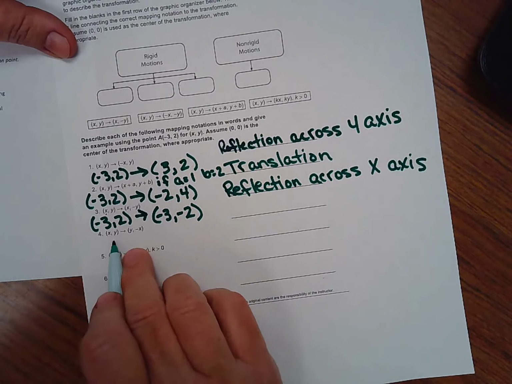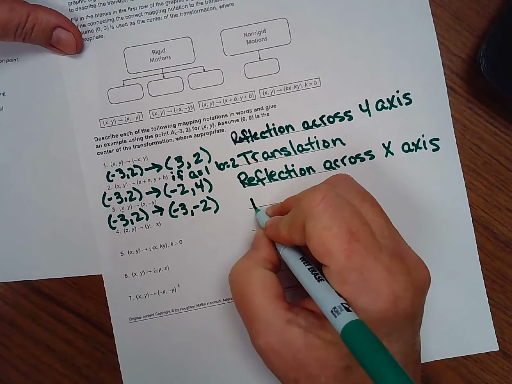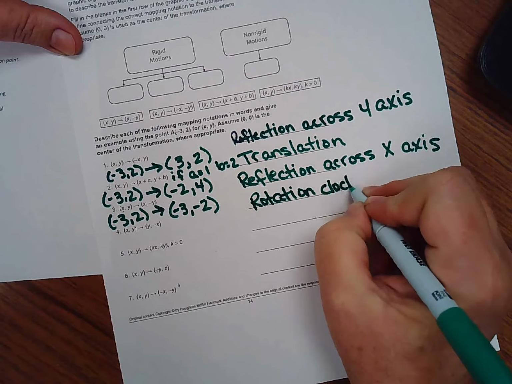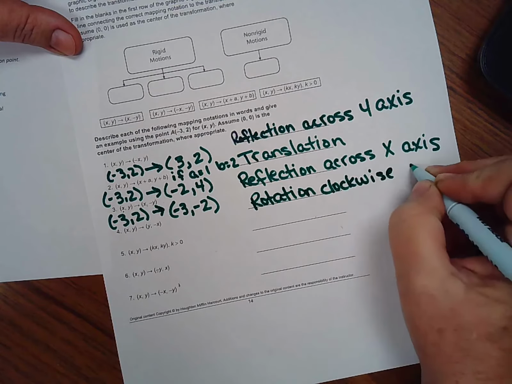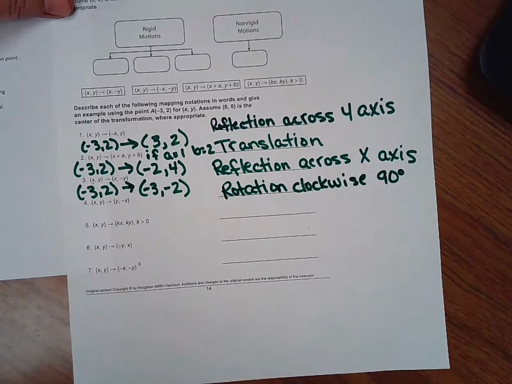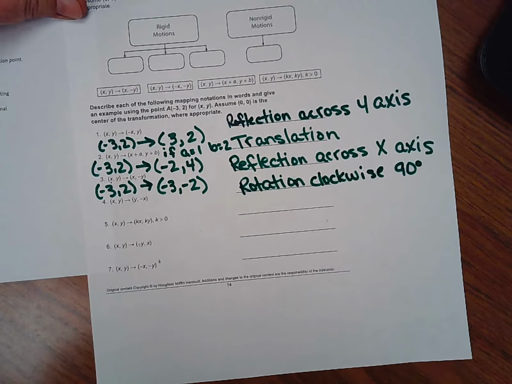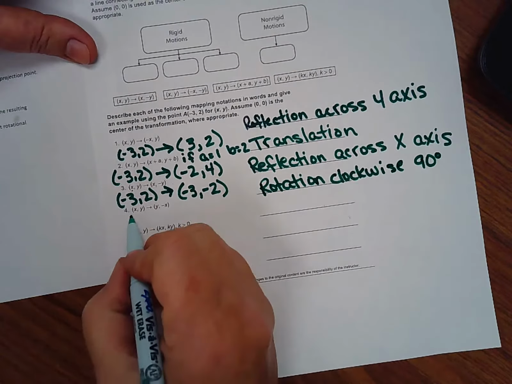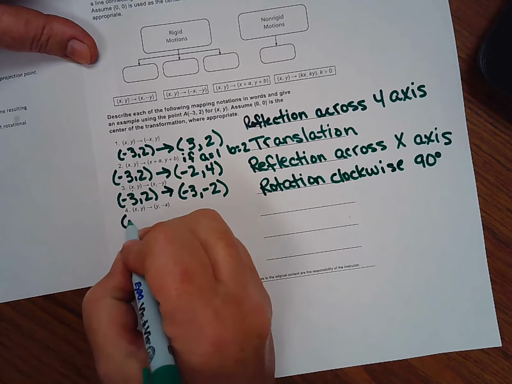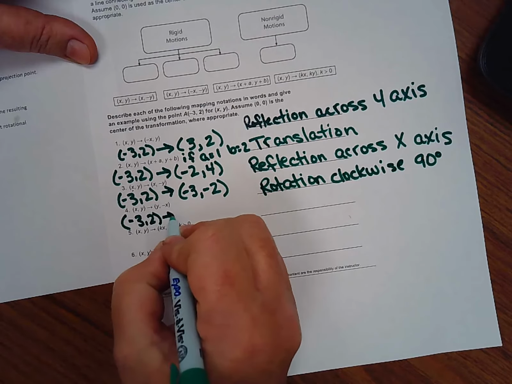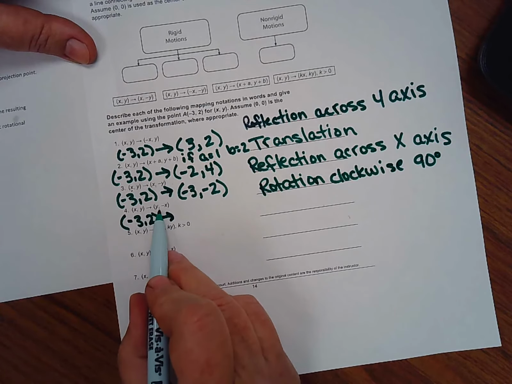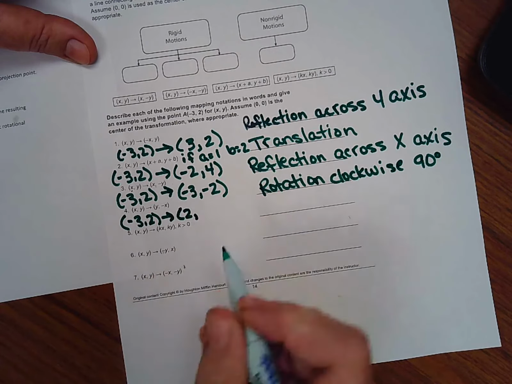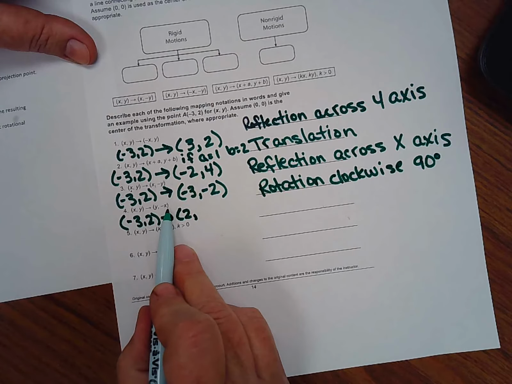And so number 4 is going to be a rotation clockwise 90 degrees. Now, if you put counterclockwise 270, would you be wrong? No, you would still be correct. I just picked one. Okay, so mapping the point, I have -3, 2 maps to... now, the y comes first in the second part, so 2 is first, and the x becomes negative.